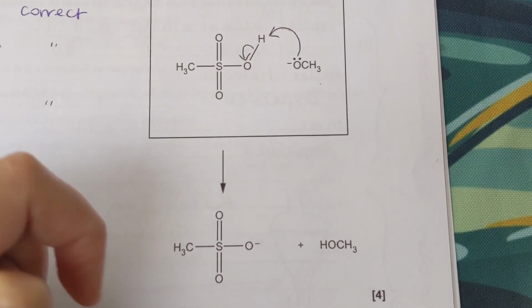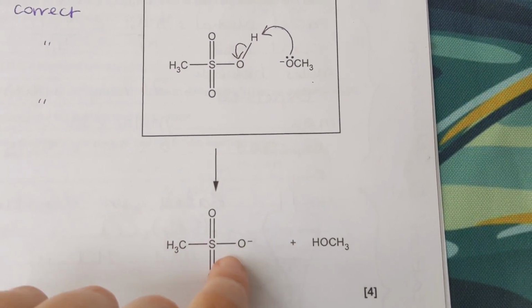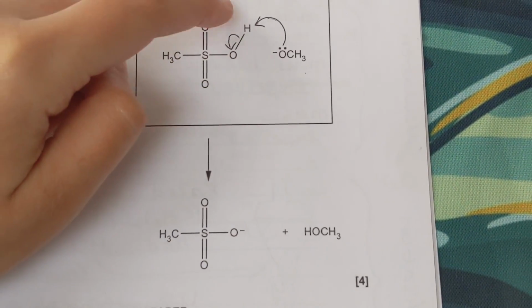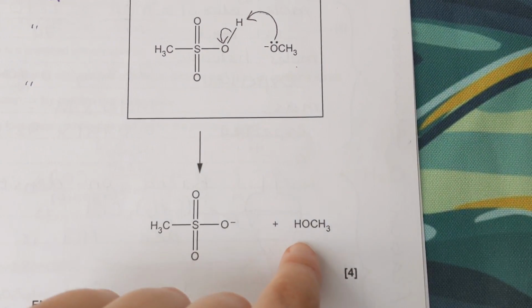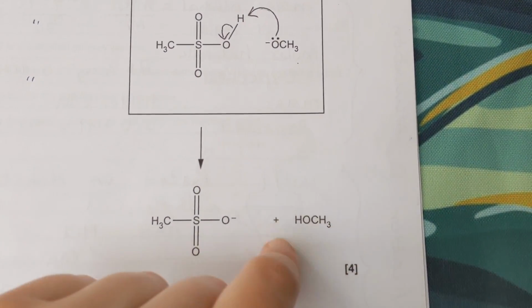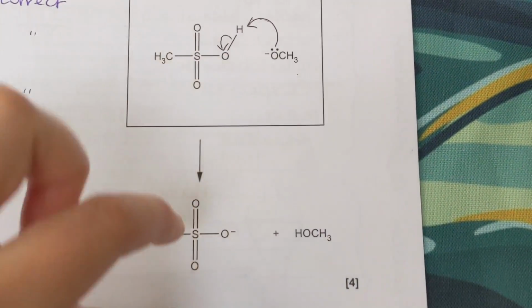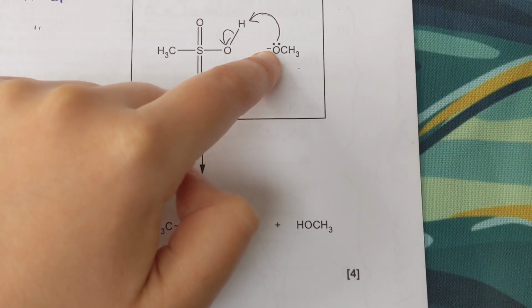Then in the next diagram, we can see we're going from this to a single bond oxygen with a negative charge. So this bond needs to break, and we can see that this here becomes methanol. So it's just drawn a bit strangely, but that is methanol. So in order for this to happen, this is acting as a nucleophile.